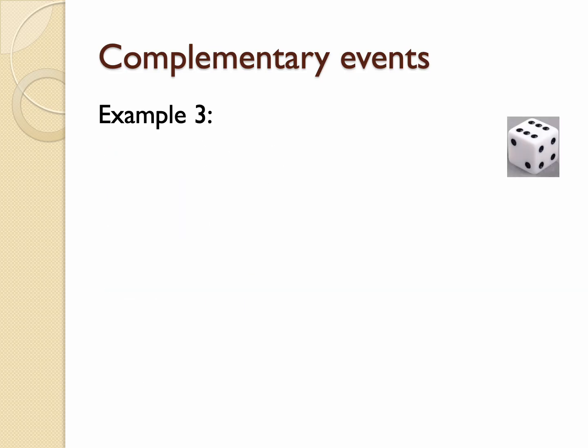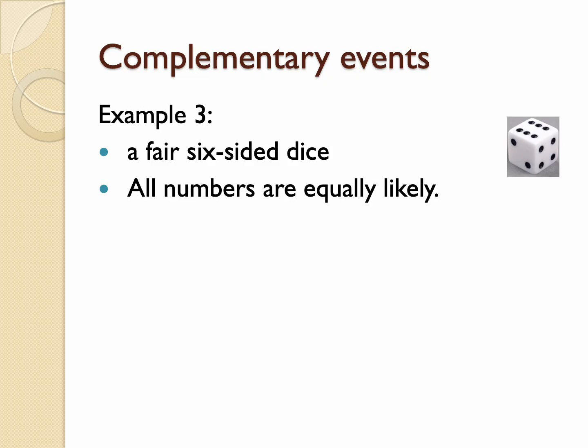Here's another example. Suppose we roll a fair dice. It's fair, so the chances of all the numbers appearing in the next roll are equal. For example, the probability of getting a 2 is 1/6. Then may I ask, what is the probability of getting another number beside 2?